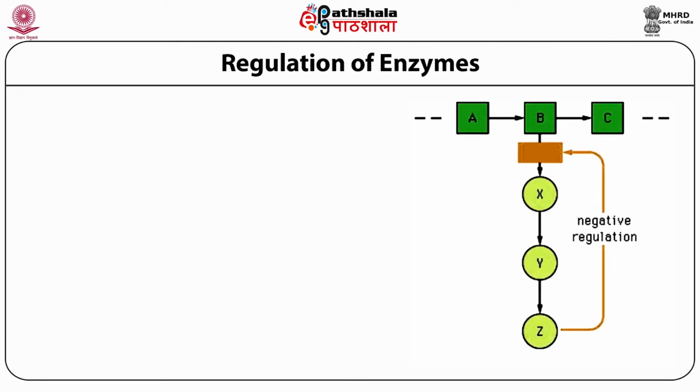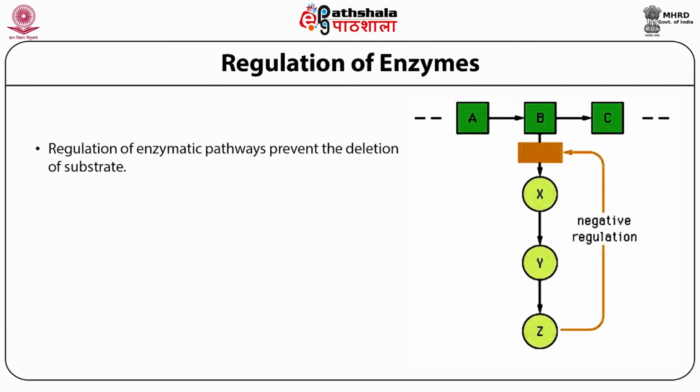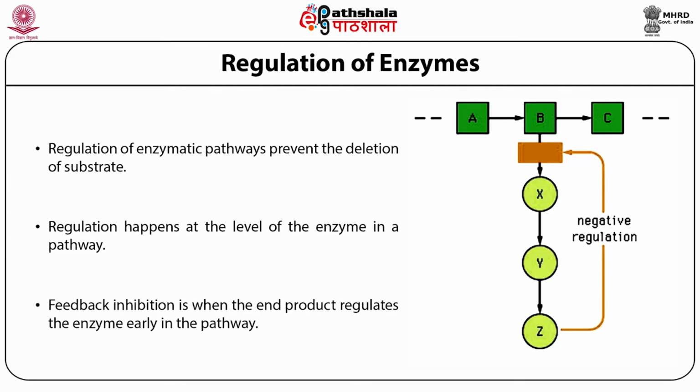Regulation of enzymes. Regulation of an enzymatic pathway prevents depletion of the substrates. Regulation happens at the level of the enzymes in the pathway. Feedback inhibition is when the end product regulates the enzymes early in the pathway. Allostery is the conformational coupling of two widely separated binding sites, which is responsible for regulation.